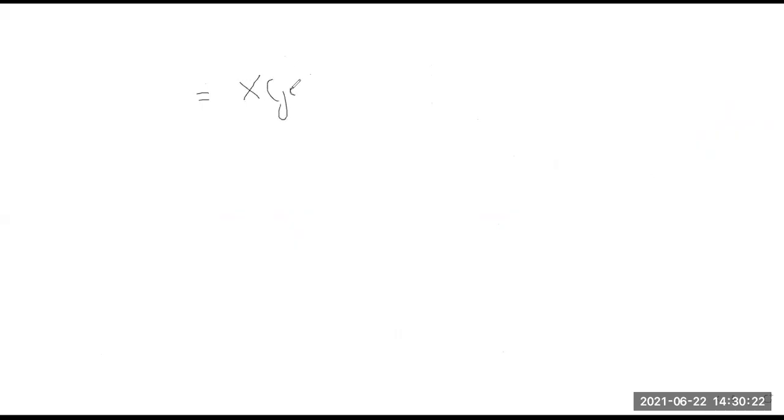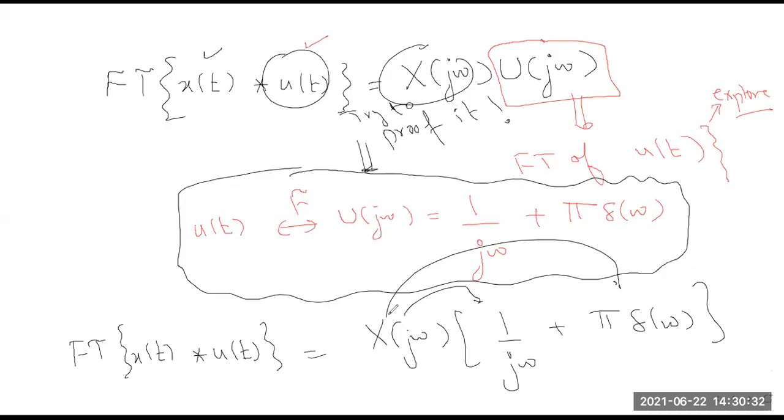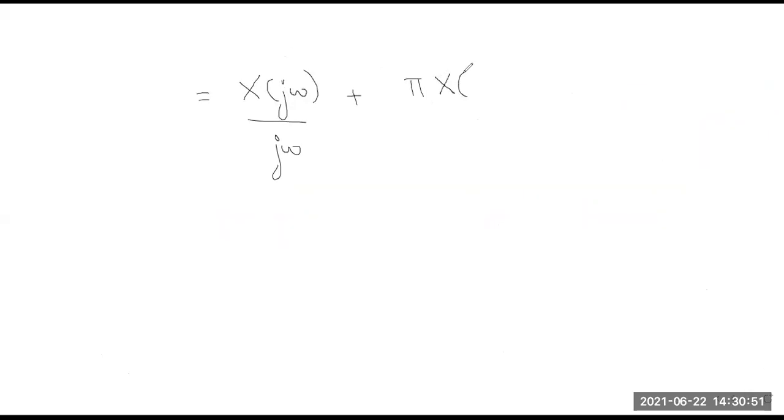We will get X divided by j omega plus pi. Now, when this is multiplied with this delta function, we know that the delta function is non-zero only at omega equal to 0. So we will get the value of this function evaluated at omega equal to 0. So here I will write capital X evaluated at 0 into delta omega.